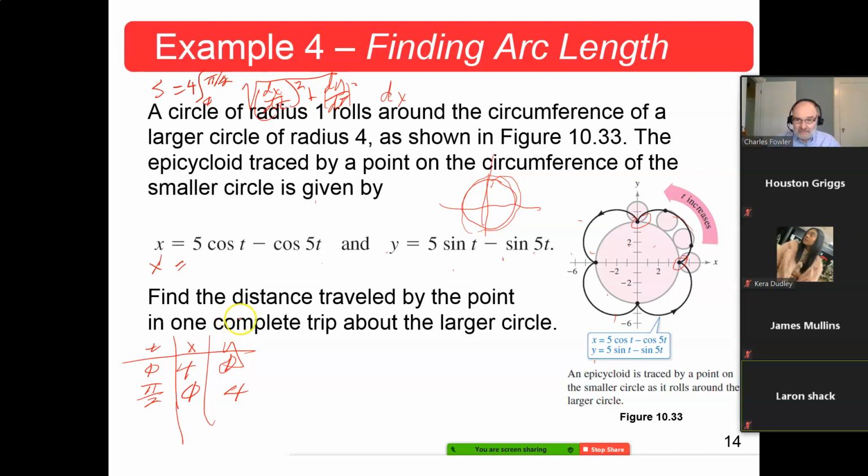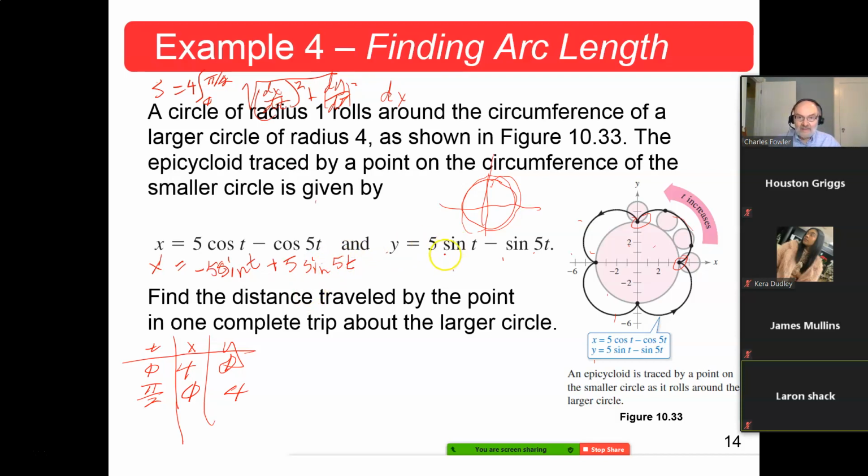This will be minus 5 times the sine of t, plus, because chain rule is going to have us a 5 here, the sine of 5t.